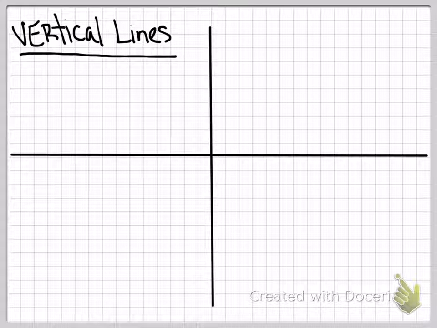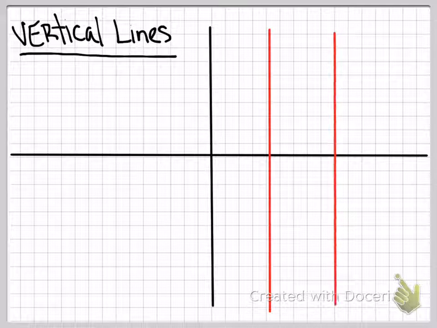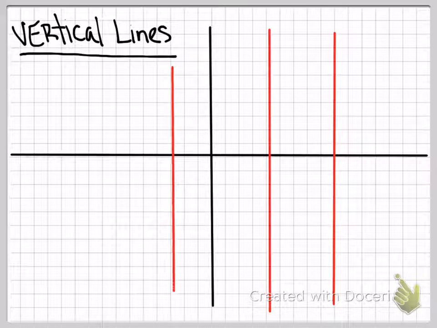Let me ask you this. Conley, what's a vertical line look like? Up and down. Okay. There's a vertical. Here's a vertical. Here's a vertical.